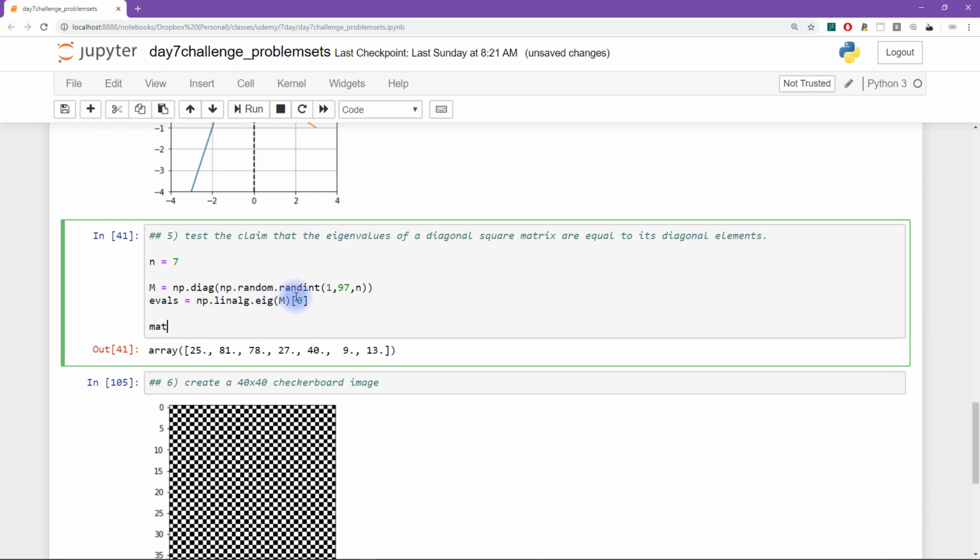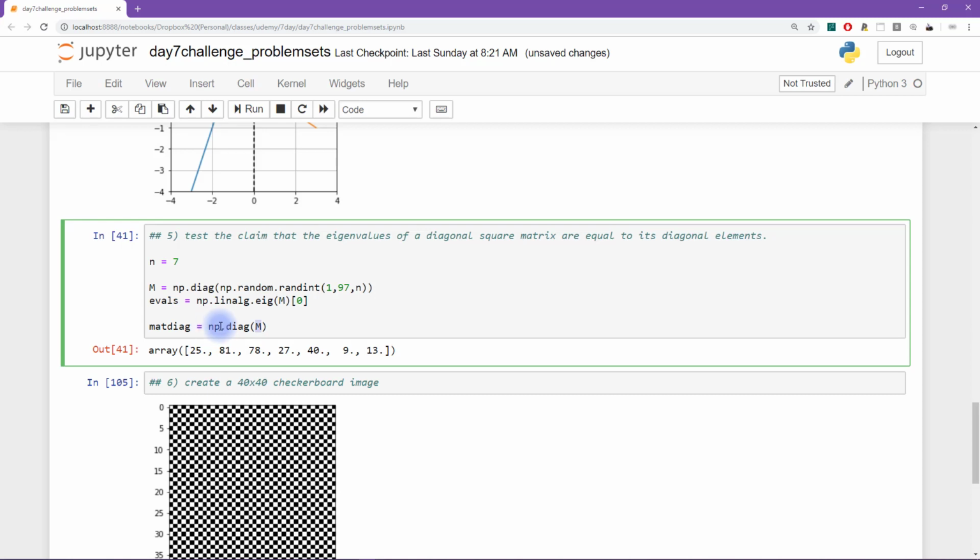So I'm going to call this matdiag. These are going to be the diagonal elements of the matrix. So that's going to be numpy.diag of m. And notice it's the same function, but here I'm inputting a vector, here I'm inputting a matrix, and the output is going to be the vector of diagonal elements.